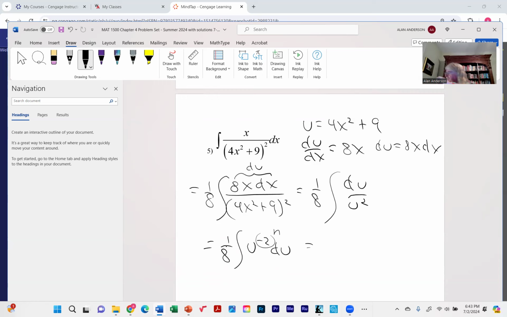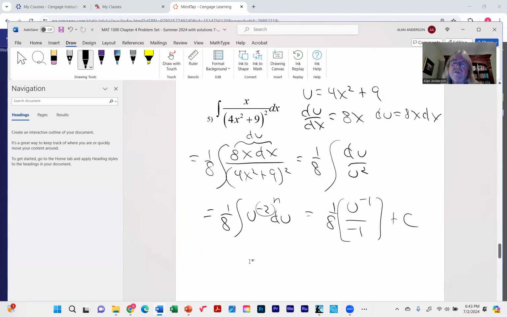We'll end up with 1/8 u to the -1 over -1. This one is an indefinite integral, so we do need the c, but then we don't have to evaluate it. And so what we actually have here is -1/8 times u to the -1.